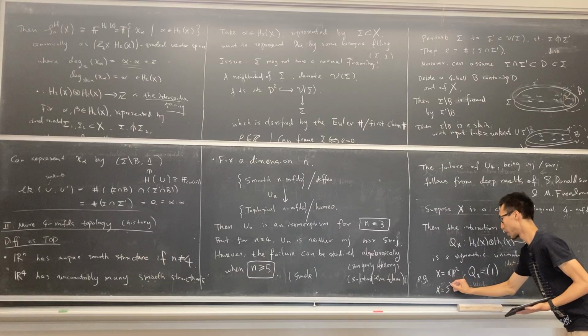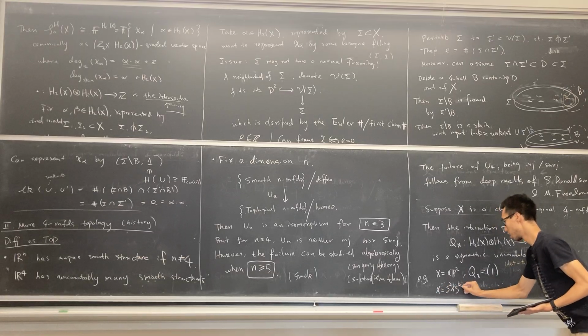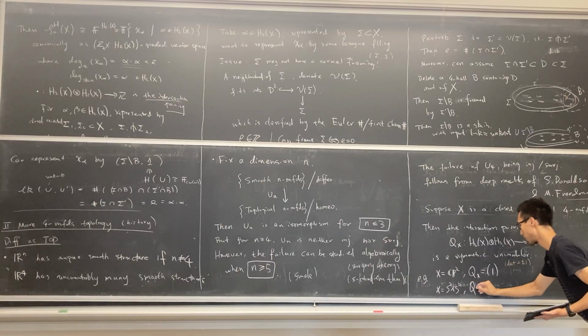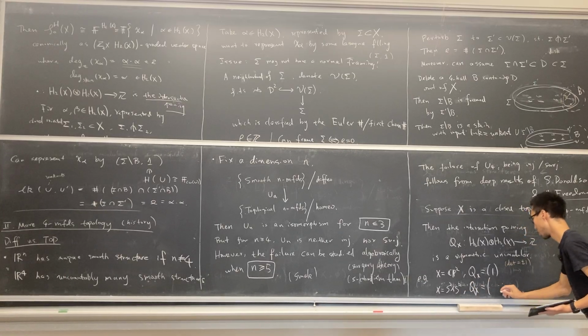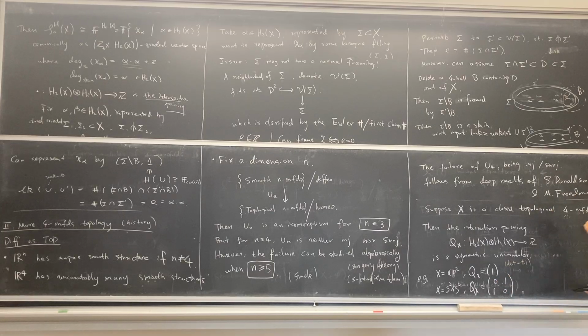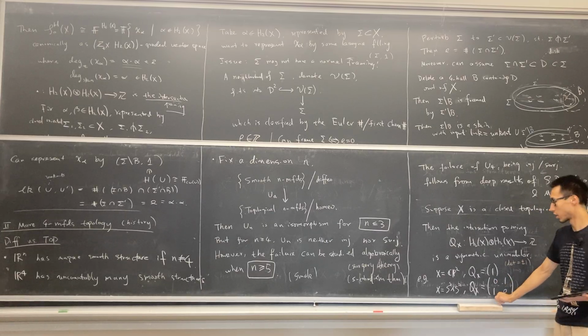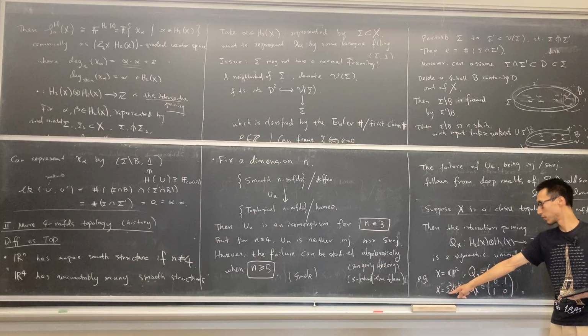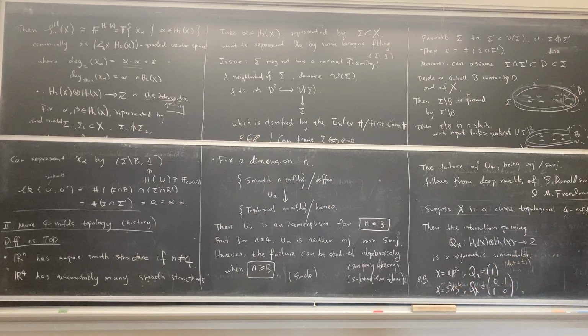And if you take, for example, S2 times S2, then the intersection pairing is 0, 1, 1, 0. The two generators for H2 are the first S2 factor and the second S2 factor. They each have 0 self-intersection, but they intersect once with each other.